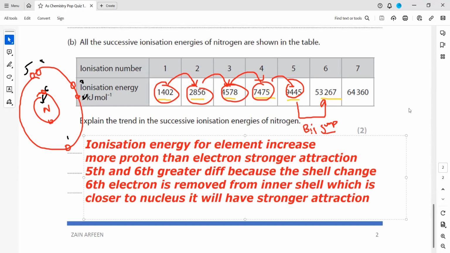That's why a much greater amount of energy is needed, and that's why it has a very high ionization energy. So when you explain the successive ionization energies, this is how your answer should be structured.